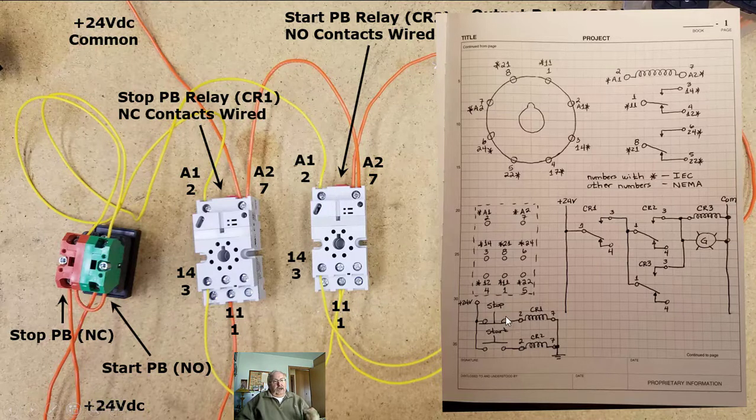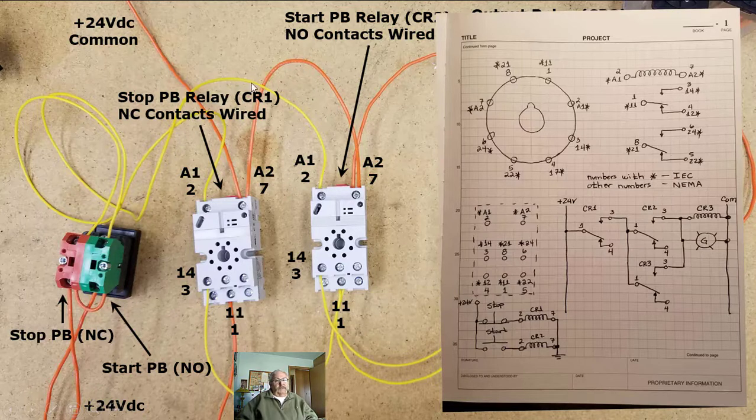You'll see that the other side of the start and the stop switch are wired to CR1 and CR2 terminals 2. So here's the socket for CR1, here's the socket for CR2. If you follow the start or the stop push button, you'll follow this wire around. And I just pulled this wire.